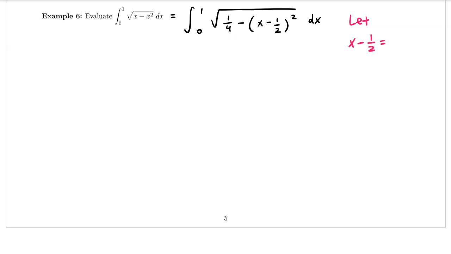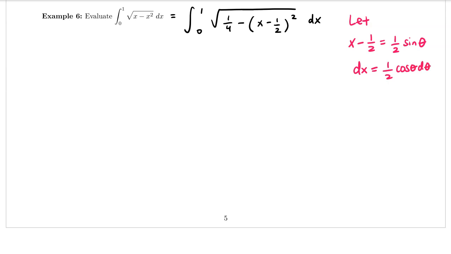So x minus 1/2 we're going to let equal 1/2 sine of theta. And if we take the derivative, we get dx is equal to 1/2 cosine of theta d theta.